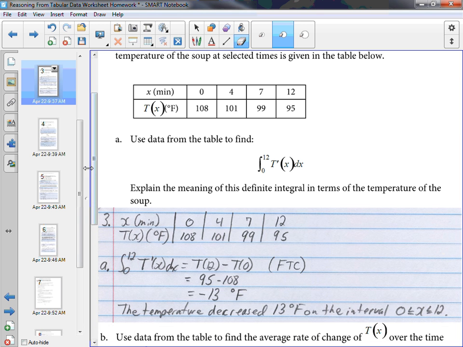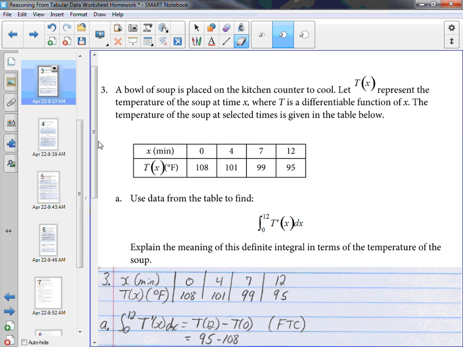Okay? So 3 here. A bowl of soup is placed on the kitchen counter to cool. Let T of x represent the temperature of the soup at time x, where T is a differentiable function of x. I don't know if it's going to matter. It's continuous. The temperature of the soup at selected times is given in the table below. So it starts off at 108. It moves down to 95, which would seem reasonable if you're setting it on the counter to cool.